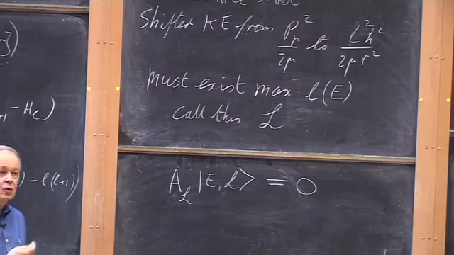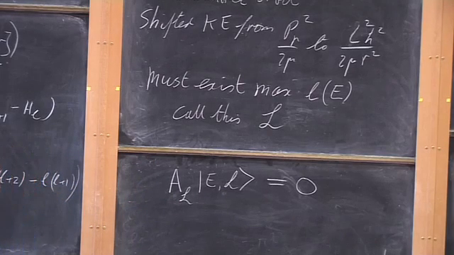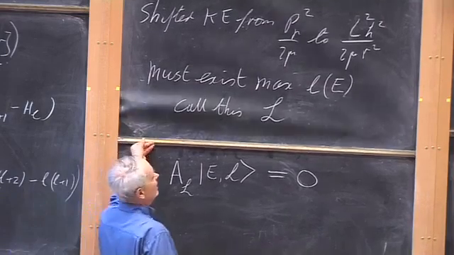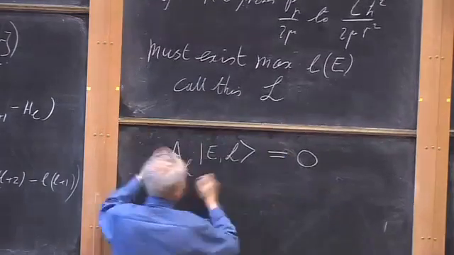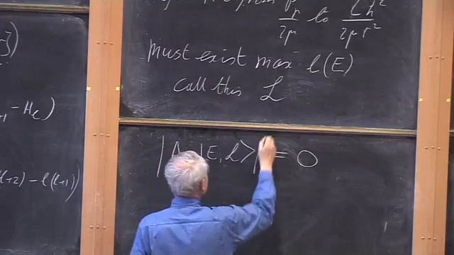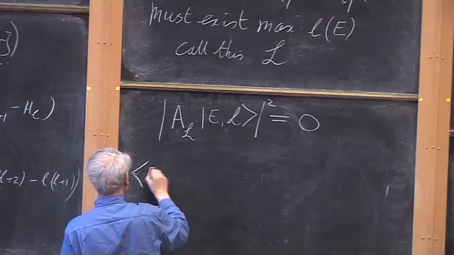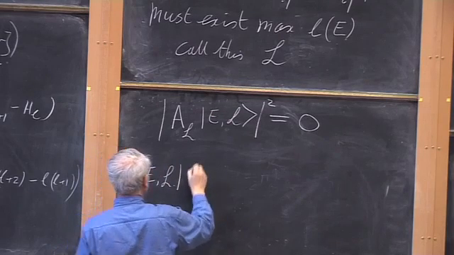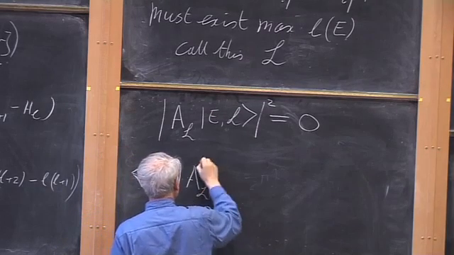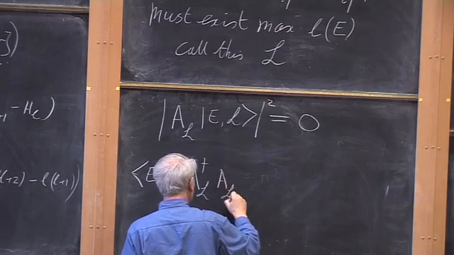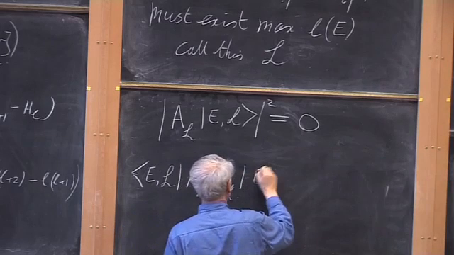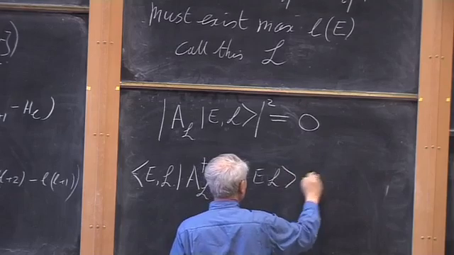So we've used this argument twice before, once in the harmonic oscillator case, and also in the case of the angular momentum operators. What do we mean by nothing? What we mean is the mod square of this is nothing. That maps to E, maximum angular momentum, A_L dagger A_L, E, curly L, is naught.